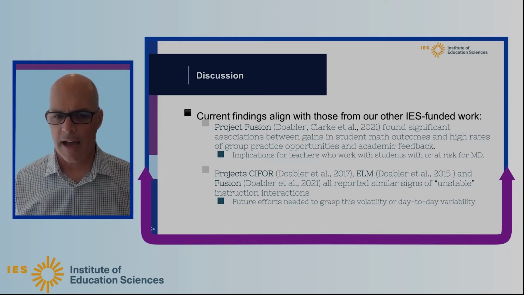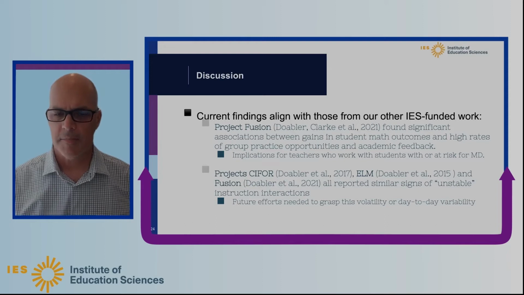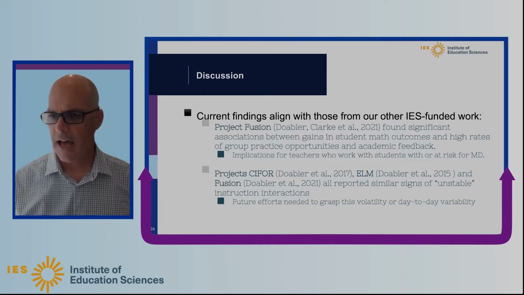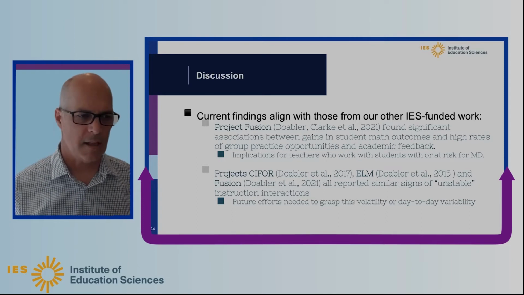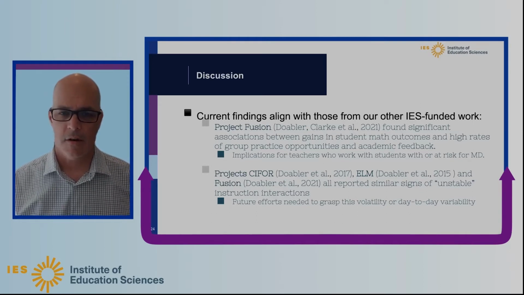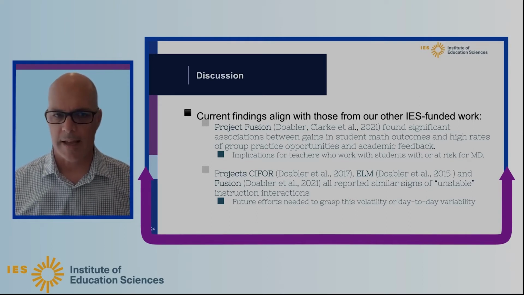And we would argue that really has implications for teachers who work with students who are demonstrating risk in early mathematics. These are behaviors that can be embedded within professional development as well as mathematics interventions, and ones that teachers can do and hopefully in turn boost student math outcomes.